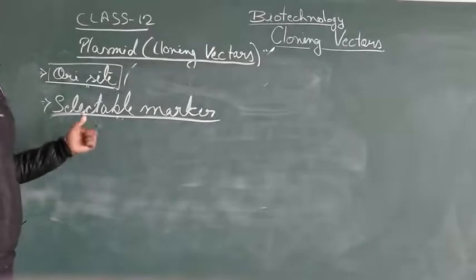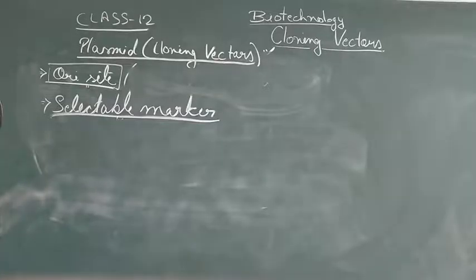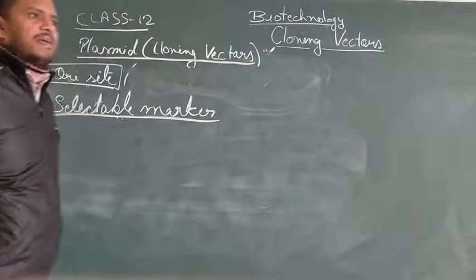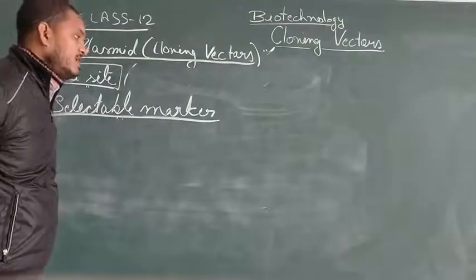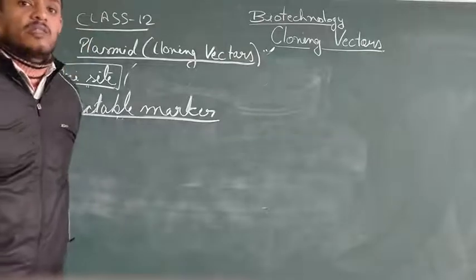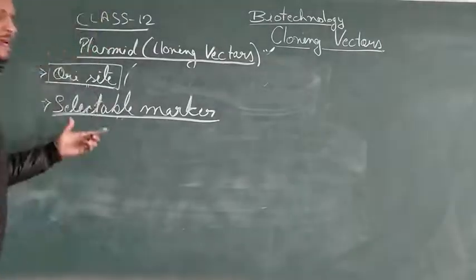In E. coli, the plasmid, the vector present, that is BamH1, has ampicillin resistance and tetracycline resistance. So these are the antibiotics against which the plasmid shows resistance. So they are the selectable markers.